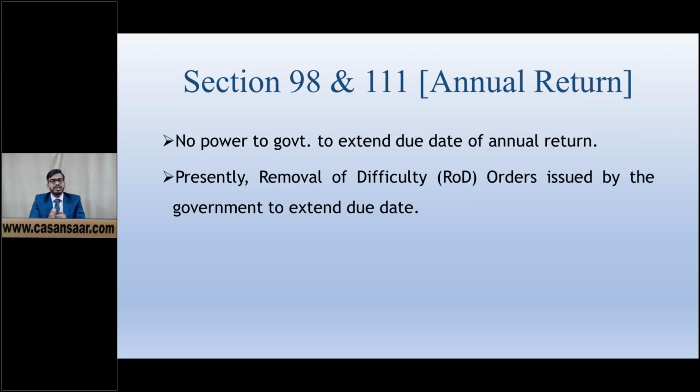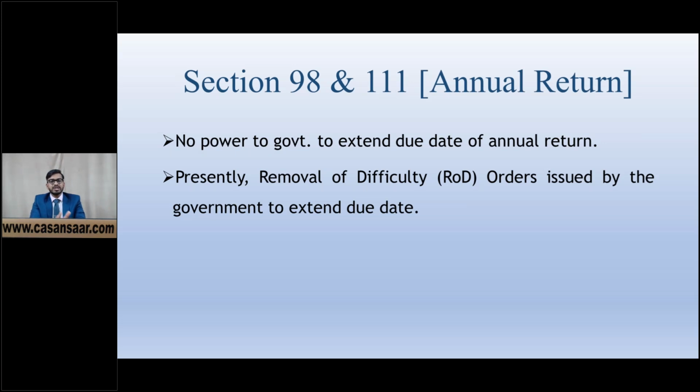Now, as we all know, the date of annual return of financial year 17-18 has been extended several times by the government due to practical difficulties. Those extensions were done by removal of difficulty orders because the government did not have ordinary power. So removal of difficulty order is an extraordinary provision which they exercise to extend the due date.